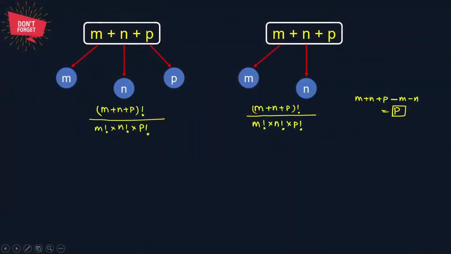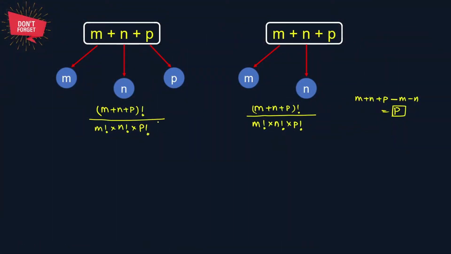But if the total number of objects in the groups formed, when added, is less than the available number of objects, then unknowingly a group is formed. So the total number of elements in that unknown group has to be divided by its factorial. Is it clear now? Absolutely.